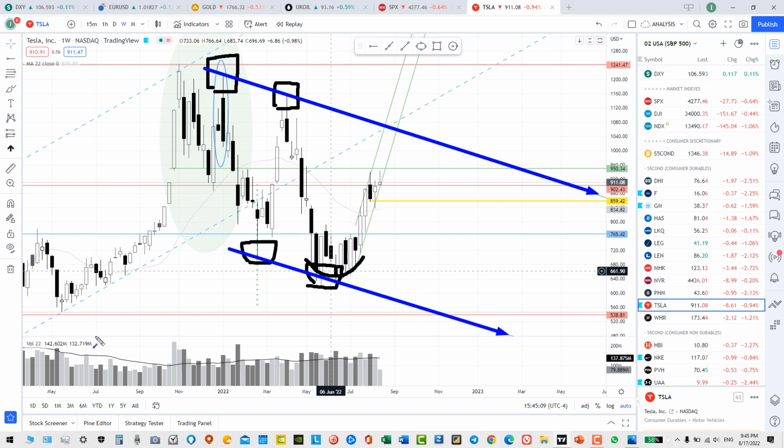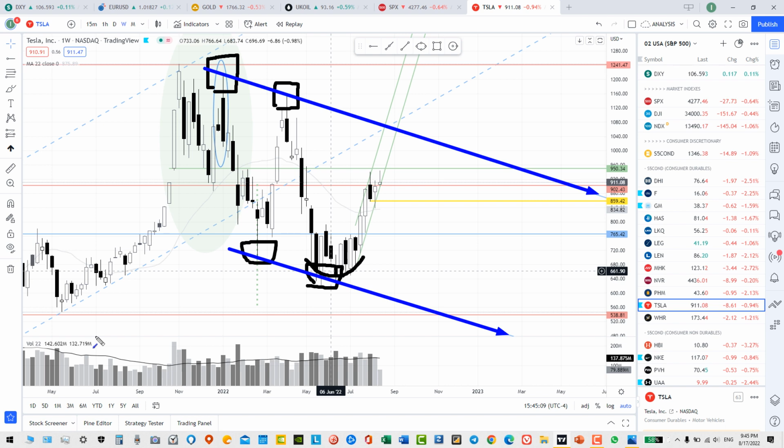Of course, you can notice that it is a very wide downtrend with very increased volatility and, of course, very high risk. Now, the stock is within a short-term corrective wave to the upside.